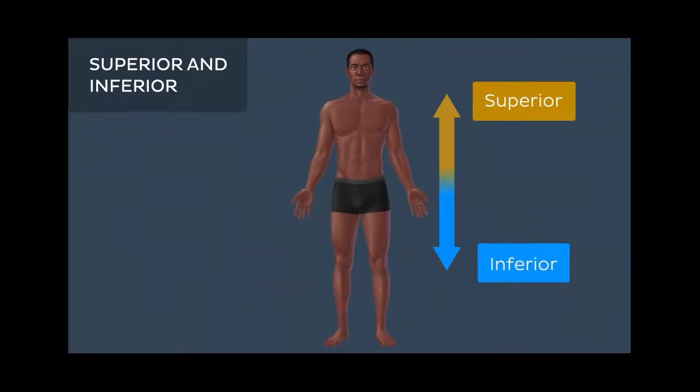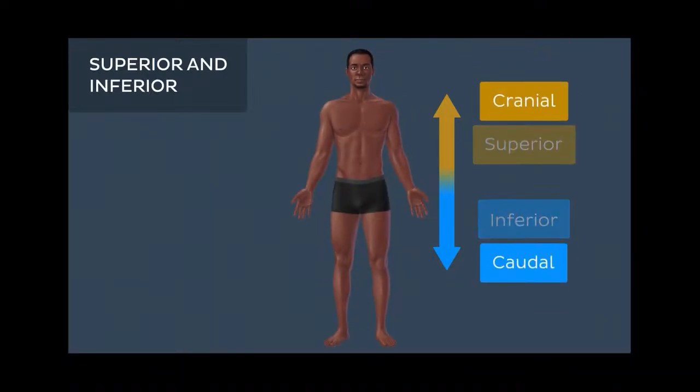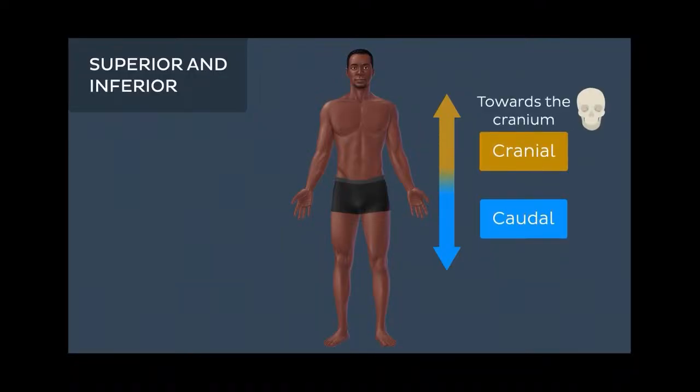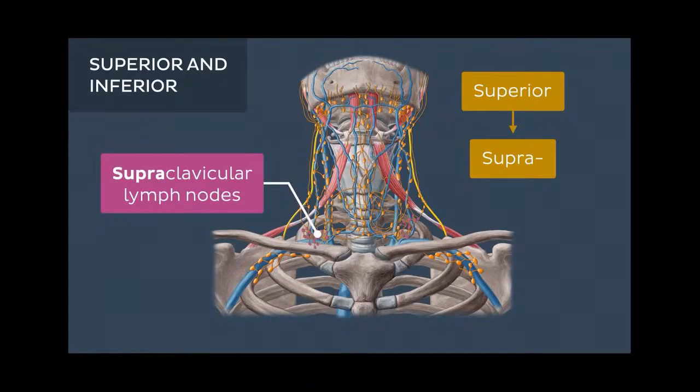You'll also sometimes see the terms cranial and caudal instead of superior and inferior. They literally mean towards the cranium or head and towards the tail or coccyx, respectively. You may often also see the term superior converted into the prefix supra, as in the supraclavicular lymph nodes, which are located superior to the clavicle.